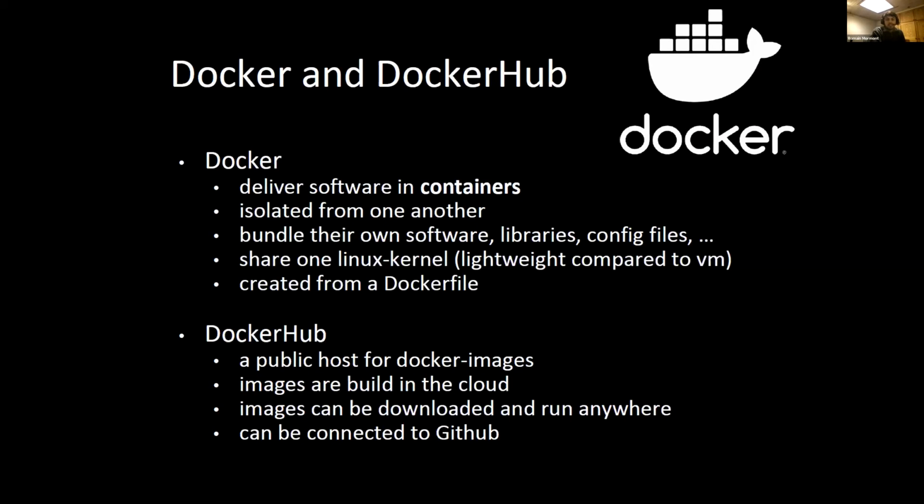Then, as I said, you have Docker and DockerHub. Docker provides a way to deliver software in containers. A container, as I said, is like a virtual machine. You have a small computer that you can run from your computer, and in this small computer you can run any software, and you can set up this small computer to have a given version of any libraries you need, and a specific operating system version.